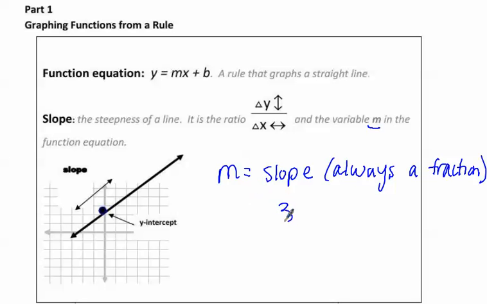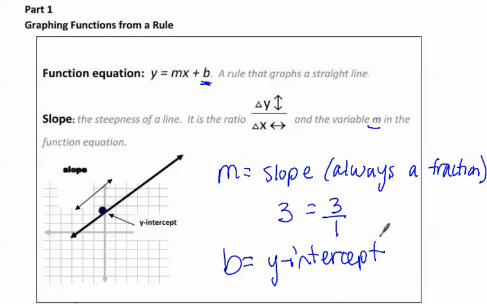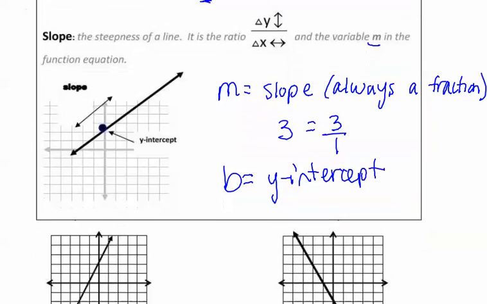This could mean that it's 3, however 3 is a fraction. It stands for 3 over 1, so don't forget you have your denominator. The b in the function equation is your y-intercept. By having these two items, you can write a function equation.